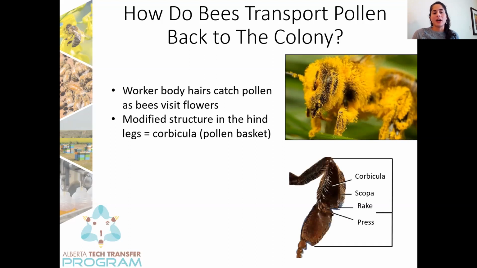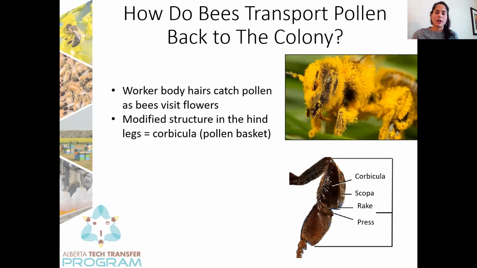They have a highly modified hind leg. They have a structure in their hind leg called a corbicula, also known as the pollen basket, like I mentioned. That's where they put the pollen during their foraging trip.